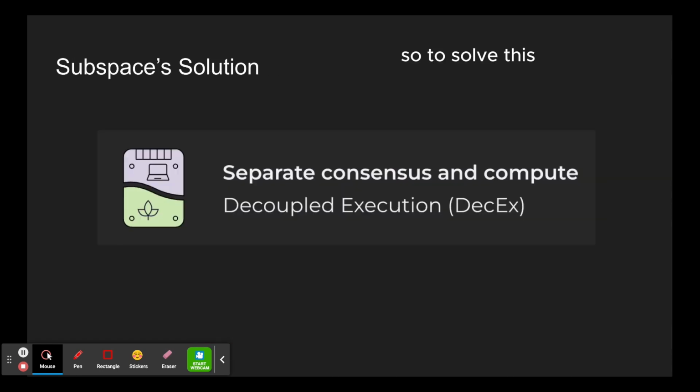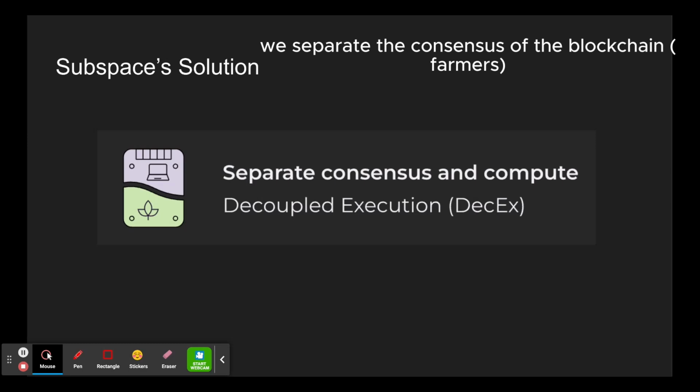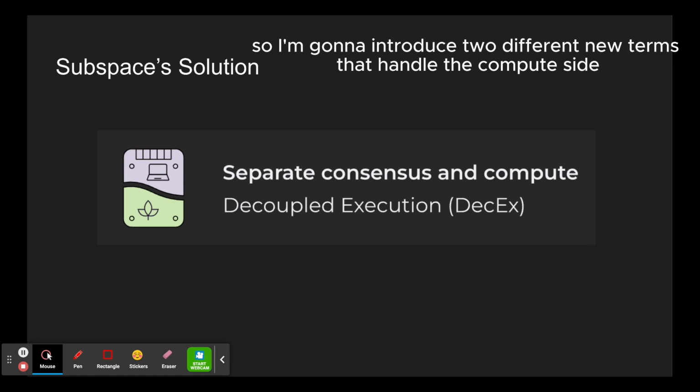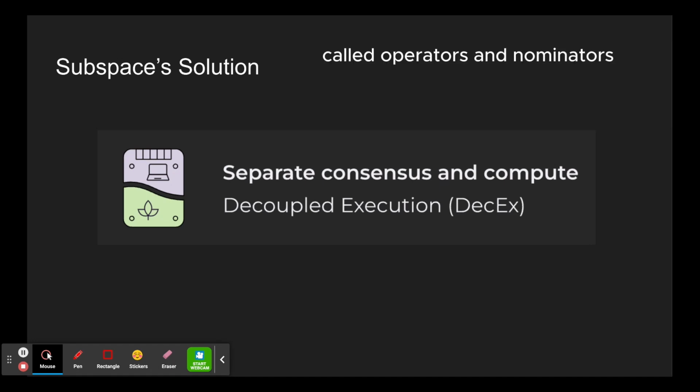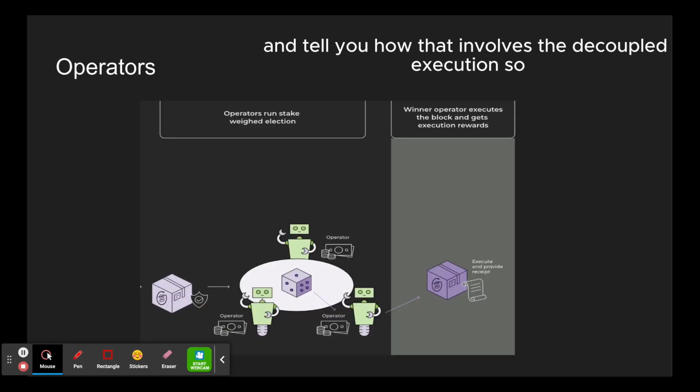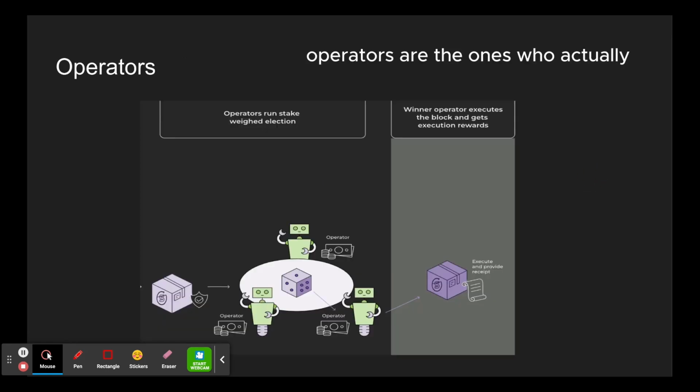So, to solve this, we present the decoupled execution system, where essentially we separate the consensus of the blockchain from the execution of transactions. I'm going to introduce two new terms, operators and nominators, and tell you how they are involved in decoupled execution. Operators are the ones who actually execute the transactions that come in.